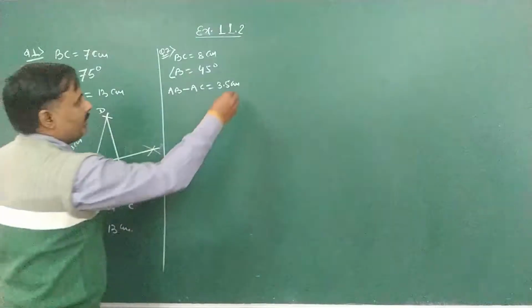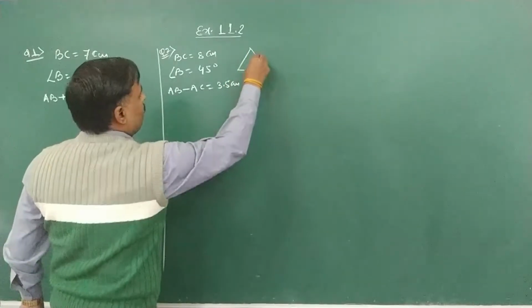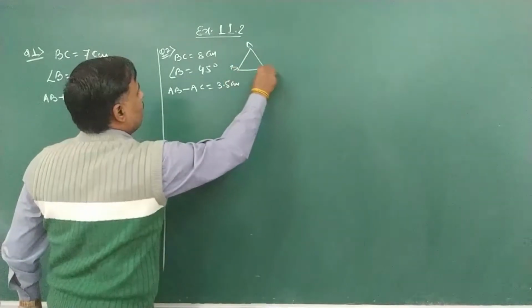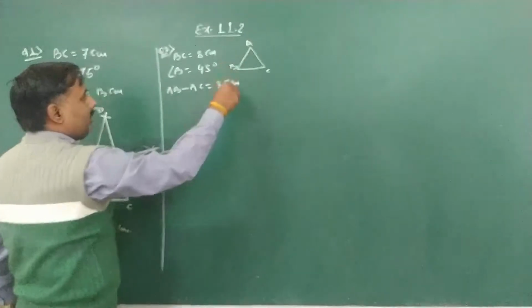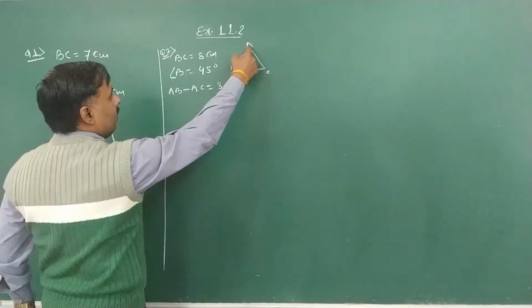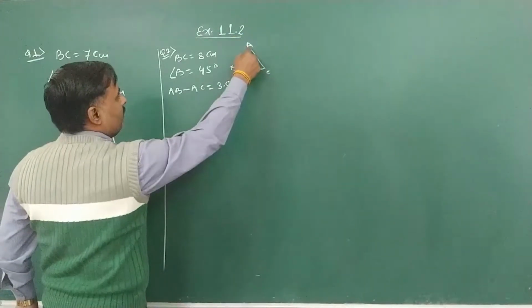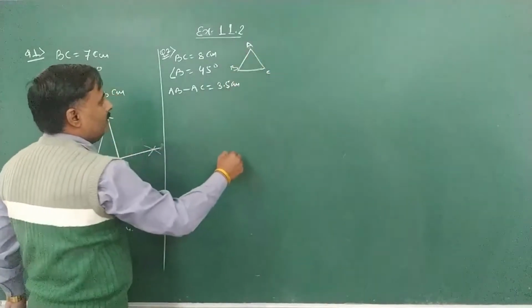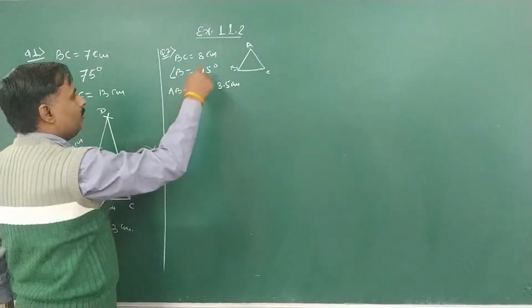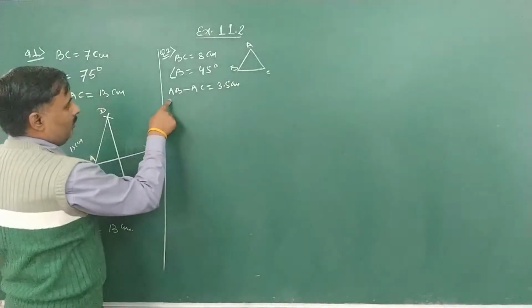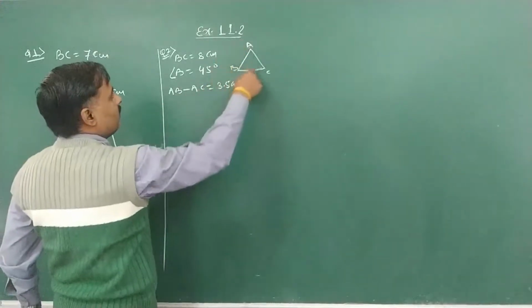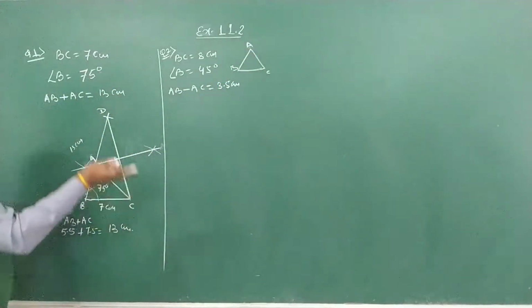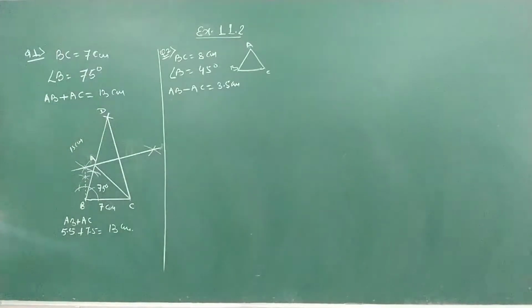So I'll just draw a triangle ABC in rough figure, A, B, and C. When we name that triangle, we count from A, B, C, means AB, then BC, and then AC. Means the difference must be in sequence. So it's given AB minus AC, means it's in sequence. So we cut an arc in the upper part of the base.